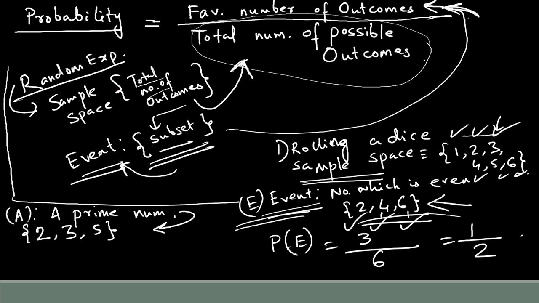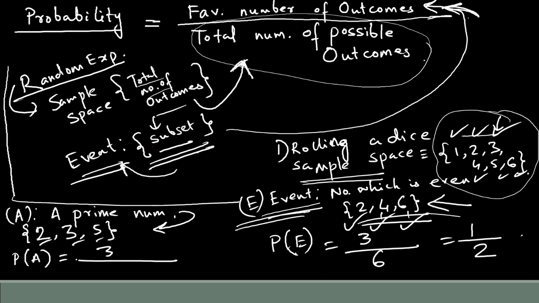So what is the probability of A? The favorable number of outcomes divided by the total number of outcomes. The favorable number of outcomes is 1 2 3. The total number of outcomes, again your sample space, is 6. So 3 by 6 is again half. The probability of the event a prime number is half.